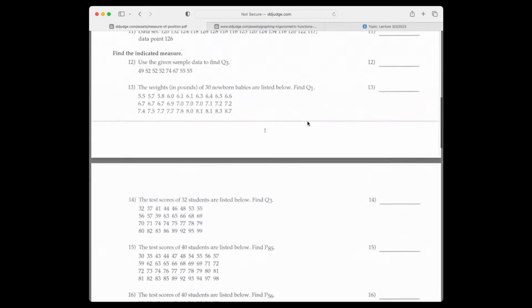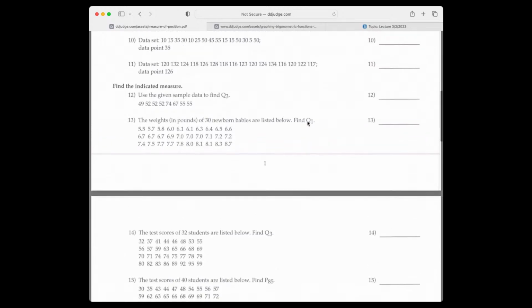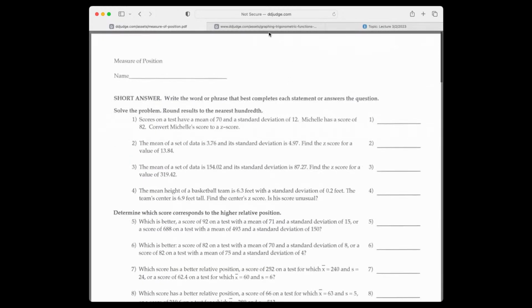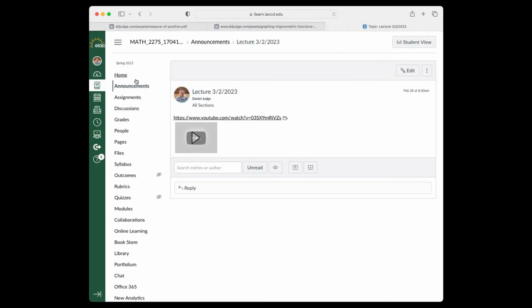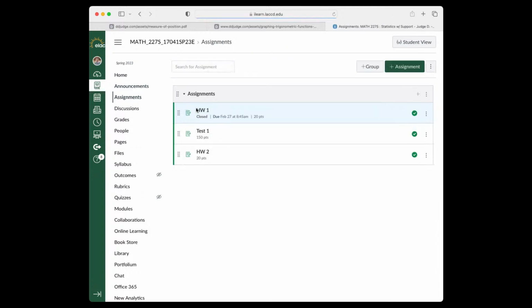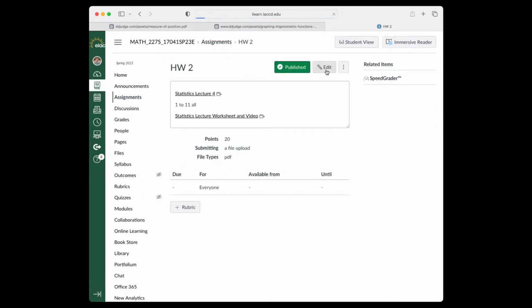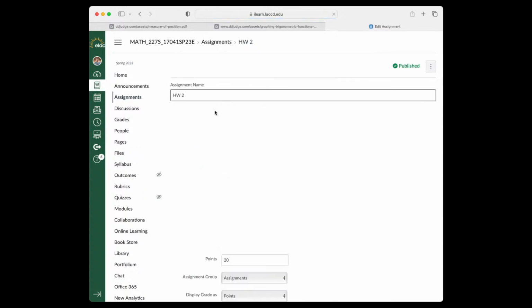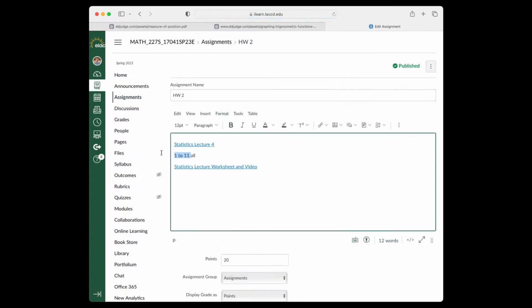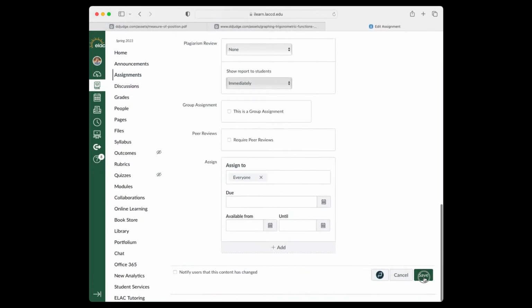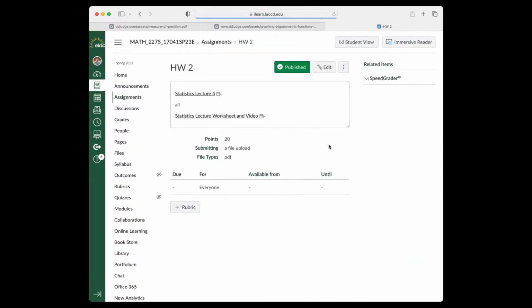They give you data. Find Q1, find Q3. I might even make another worksheet, by the way. I got to figure out, maybe I already have. It might even be there. But my point is, you should be able to do them all now. Not just 1 through whatever. You should be able to do all of them, and I might make another worksheet just for you guys. What do you guys think?